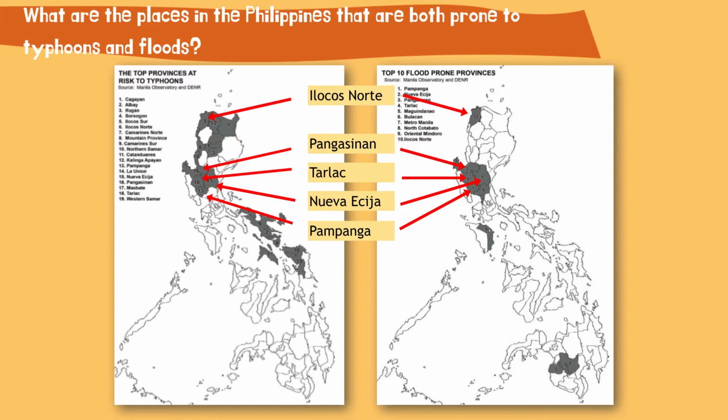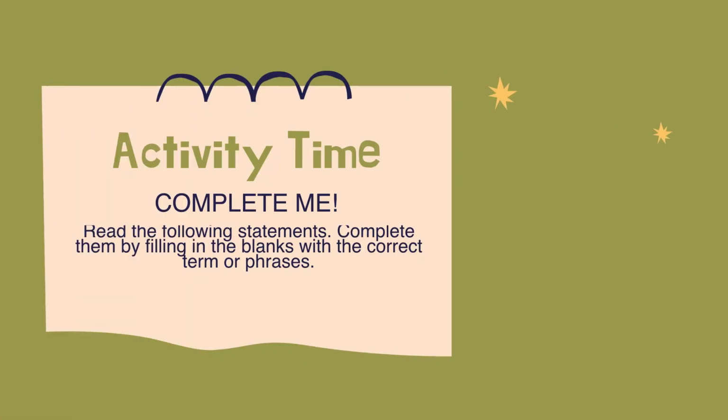Very good! Now let's proceed to activity time. This time, you will be answering Activity 4 entitled Complete Me. What you're going to do is read the following statements and complete them by filling in the blanks with the correct term or phrases.